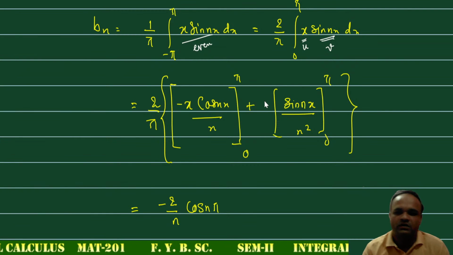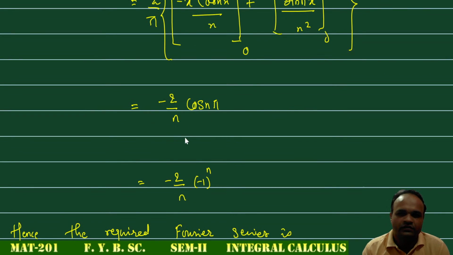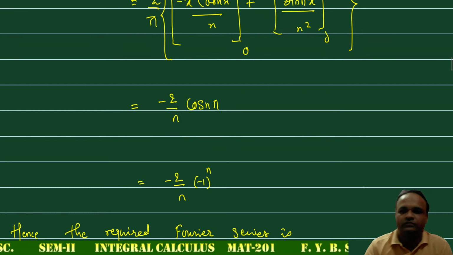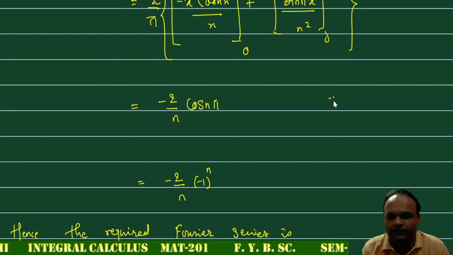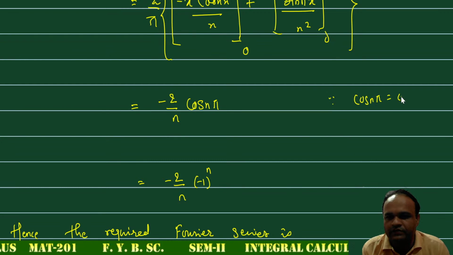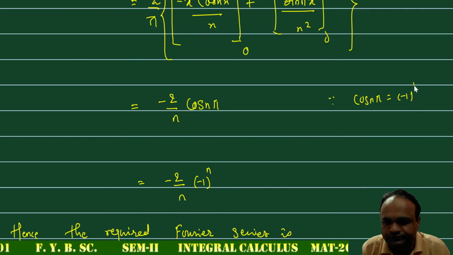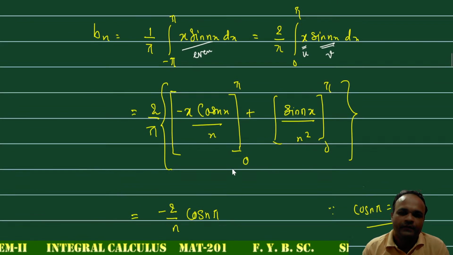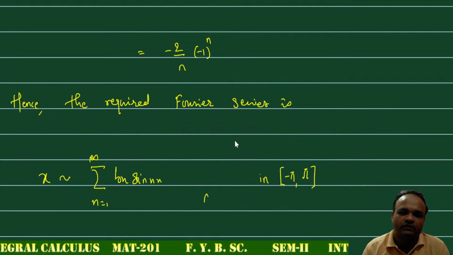After putting limits, we get the value of this integration as minus 2 upon n cos n pi. Again, we can write cos n pi equal to (-1)^n, so you'll get the value of b_n as minus 2 upon n times (-1)^n.